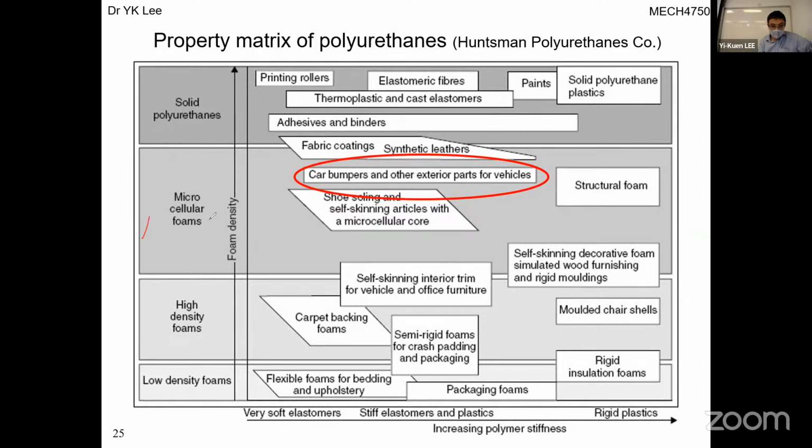In particular, microcellular foam can be used for car bumpers, right? This is vibration control. And PU foam can most likely also be used for many other components inside the car for vibration control.